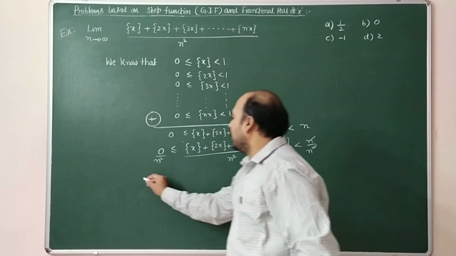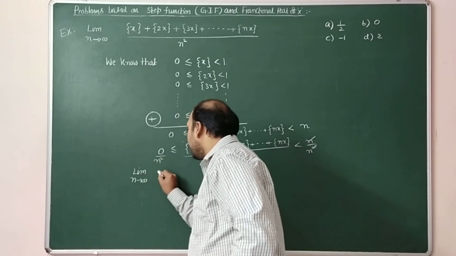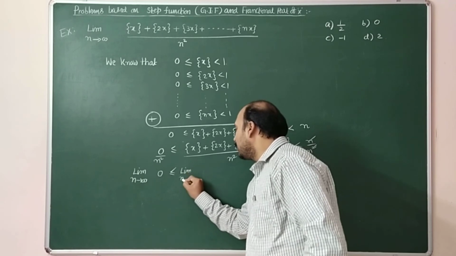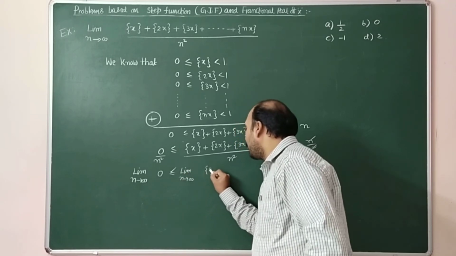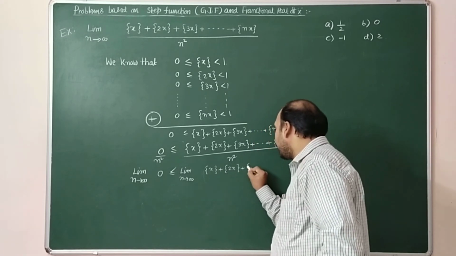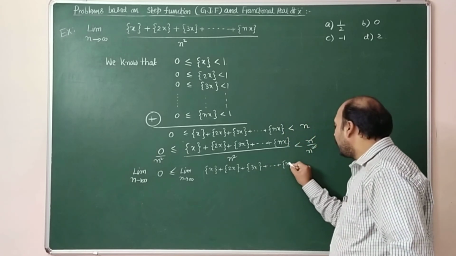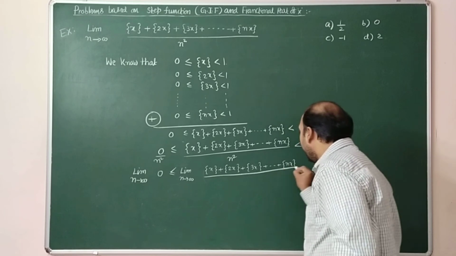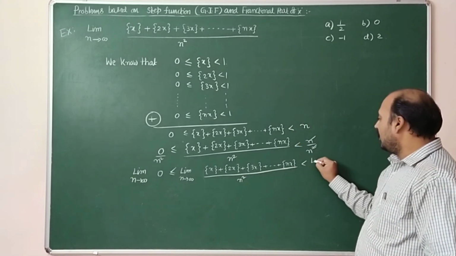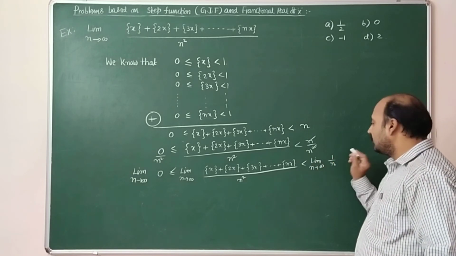So limit n tends to infinity, 0 by anything is 0 only, no? Is less than or equal to limit n tends to infinity of fractional part of x plus fractional part of 2x plus fractional part of 3x plus and so on fractional part of nx divided by n square, is less than limit n tends to infinity 1 by n.